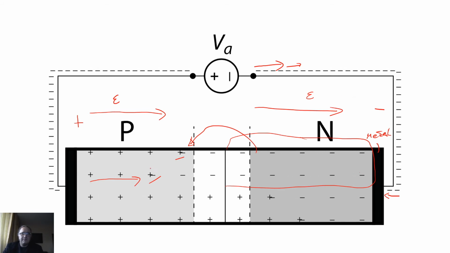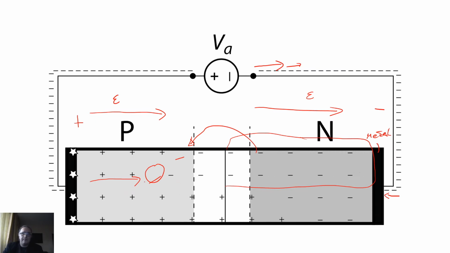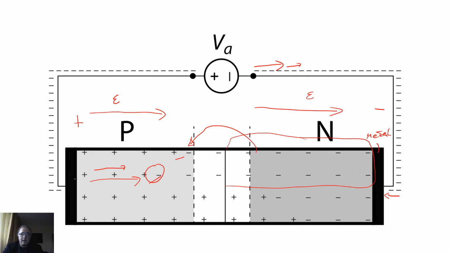So at this place, the electrons are exchanged in the P material for the majority carrier, which is the hole. So then the hole moves in order to be exchanged for an electron, and they originate from the metal plate.